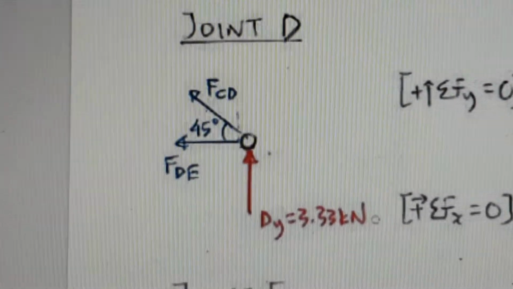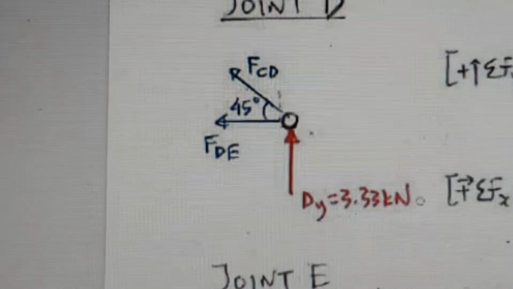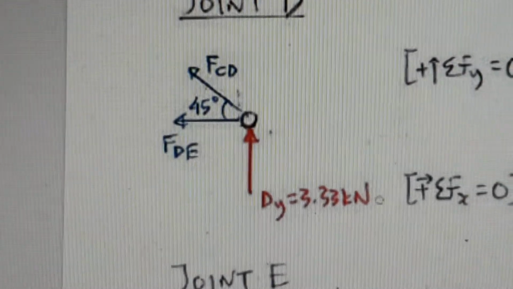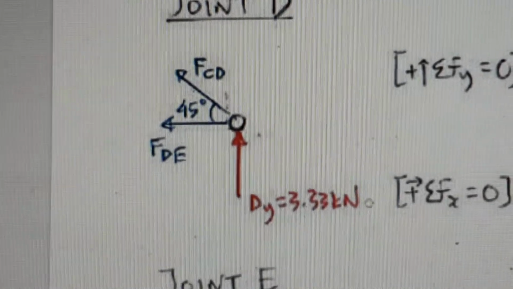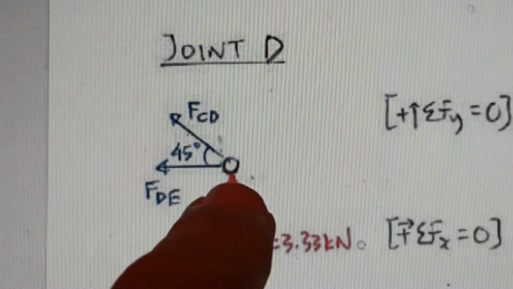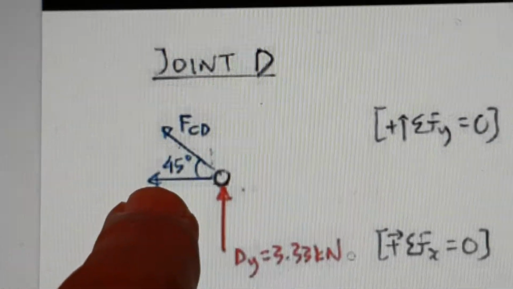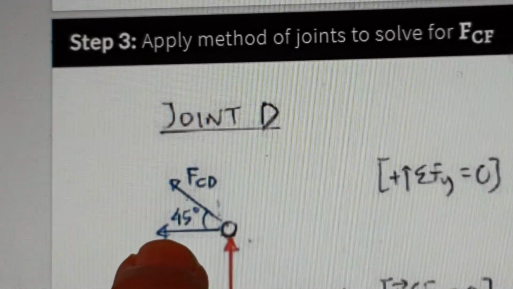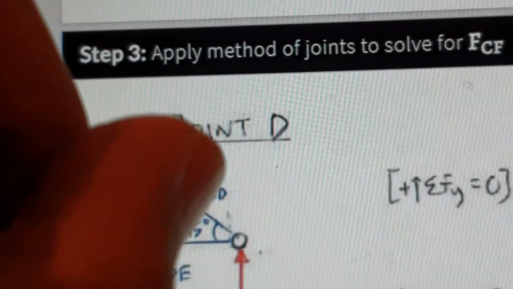Joint D, we have 2 forces, FCD and FDE, and there is a force at the y, Dy equal 3.33. Now, let's find FCD by applying, remember, this is in the x-axis, summation of forces at the y. Remember, in the joint method, there is no summation of moment, only summation of moment to find the reaction.